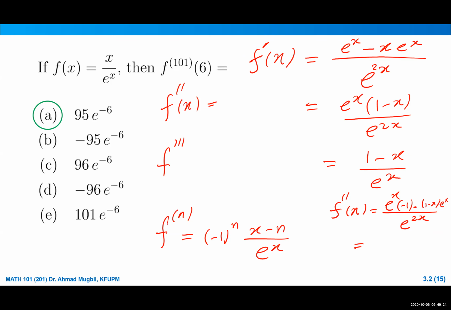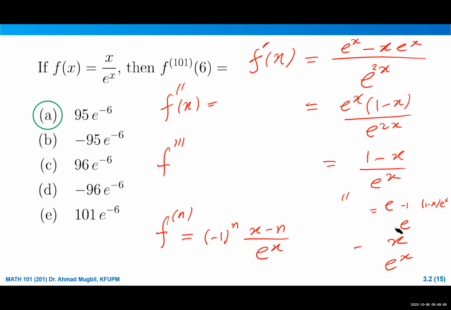You have e to the power x as a common factor. It will be cancelled with the one in the denominator. And here you will have -1 plus 1 plus x, and this will be x over e to the power x. Is that right? No, it will be -1 minus 1 also.